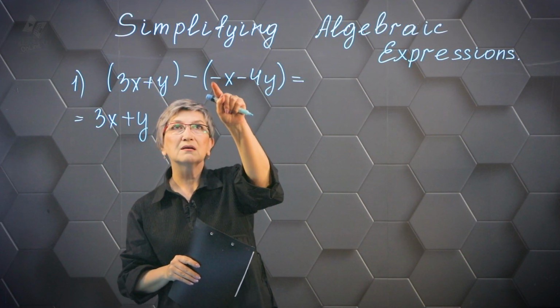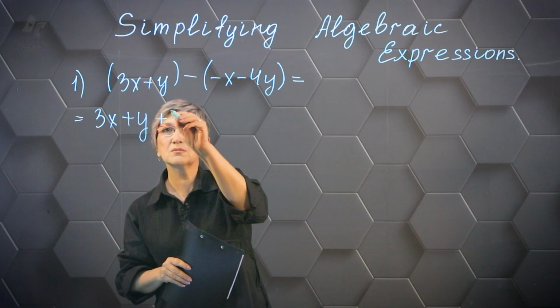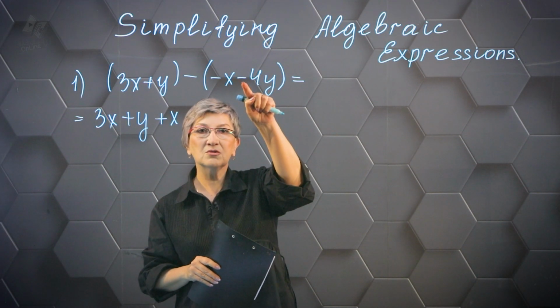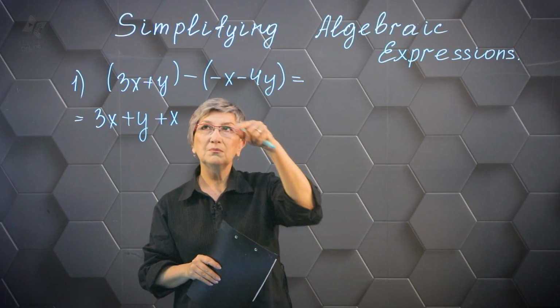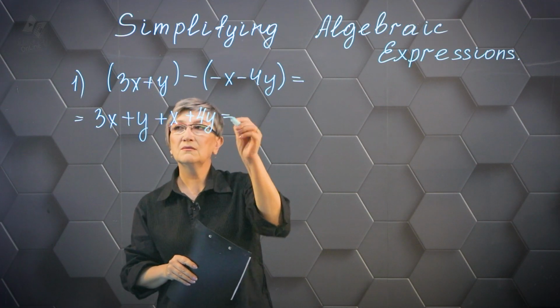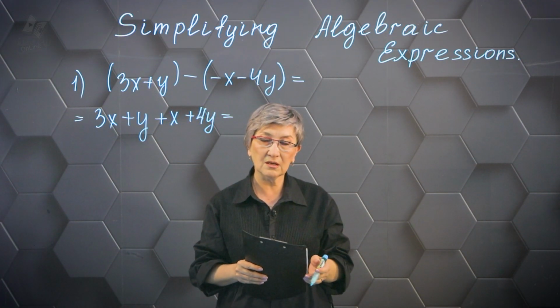The x had a minus sign, the opposite sign is a plus sign. Plus x, 4y had a minus sign, minus 4y. There was a minus in front of the parenthesis, I write with the opposite sign. The result is 3x plus y plus x plus 4y.